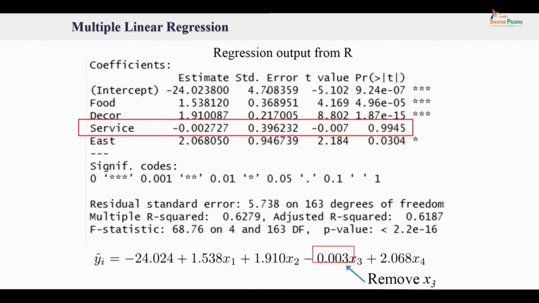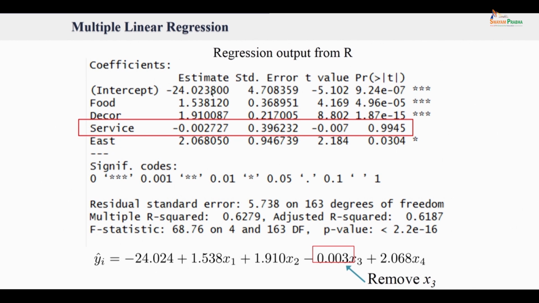It also gives you the standard error for each coefficient, as well as the residual standard error, which is nothing but the sigma value for the estimated quantities, and it also gives you the probability values, p values as we call them. And notice, if the p value is very low, it means that this coefficient is significant.